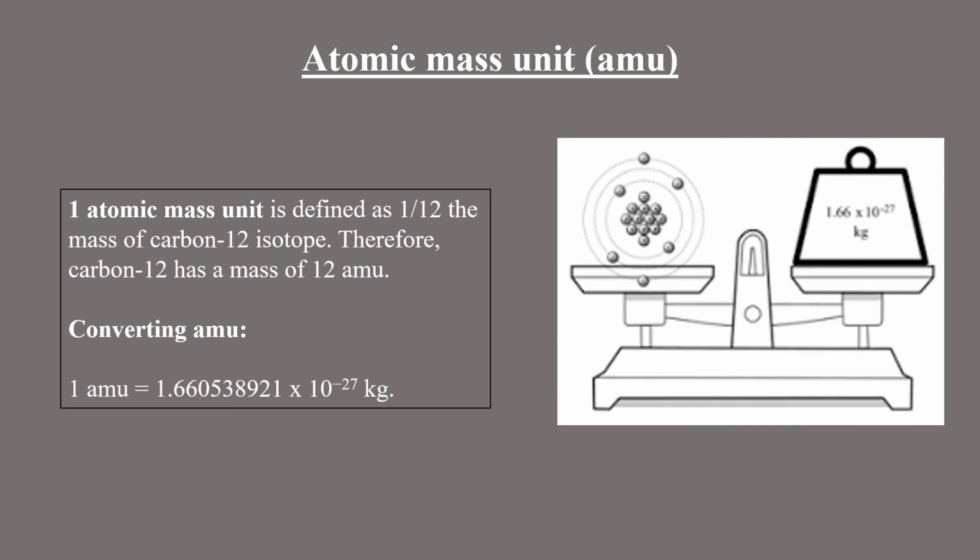According to the International Union of Pure and Applied Chemistry, IUPAC, one atomic mass unit is defined as 1/12th the mass of the carbon atom. Why is carbon the standard? It's a good question. Carbon is commonly combined with other elements. Additionally, the carbon-12 isotope is highly abundant in nature.